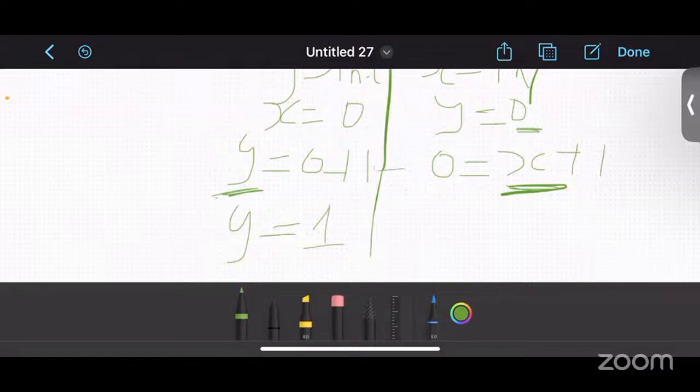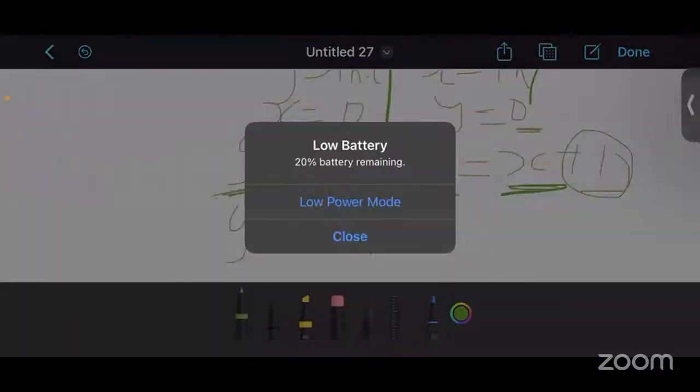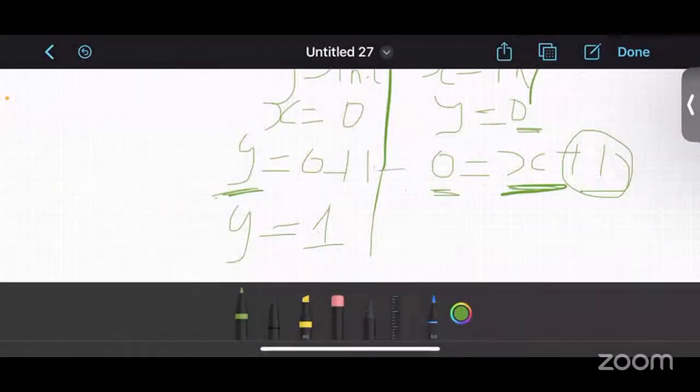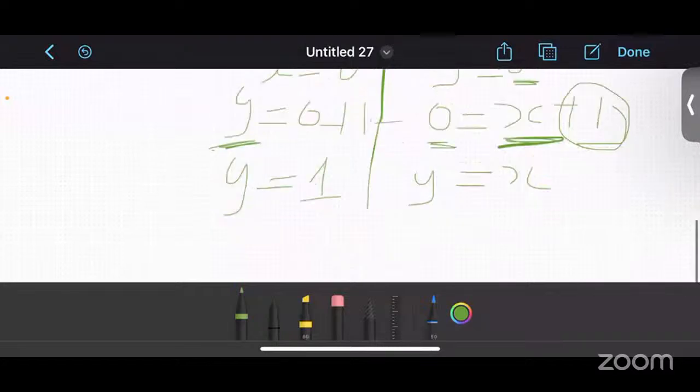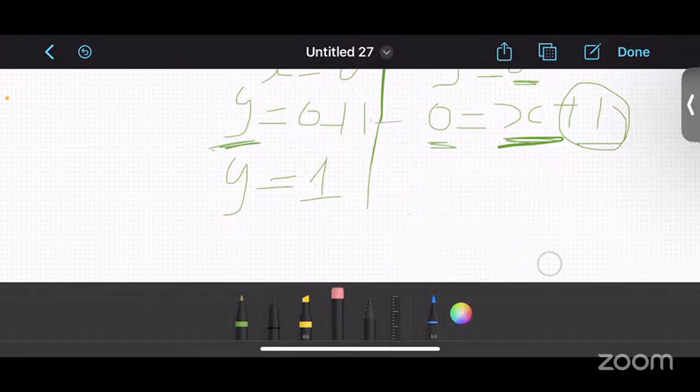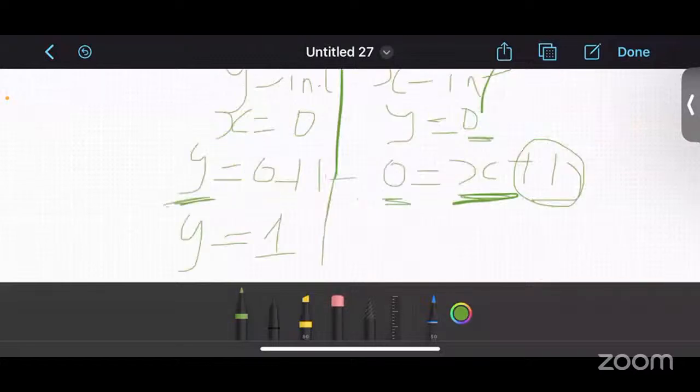If you have 0 on this side, you can simply take the number to the other side, because at the end of the day, y is equal to x is the same as x is equal to y. So you don't have to always take the x to the other side. Now let's take positive 1 to the other side.